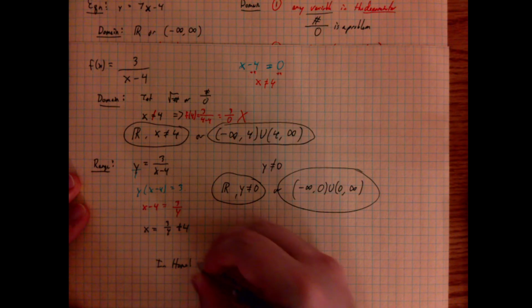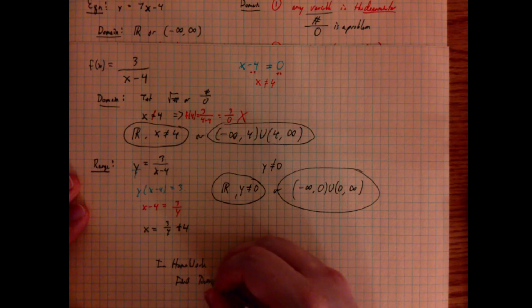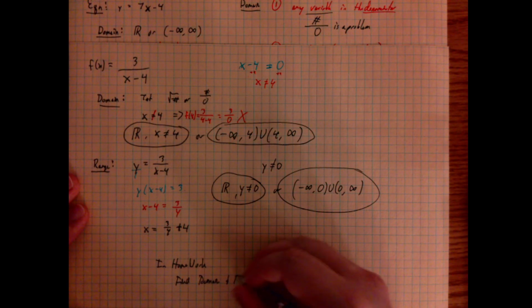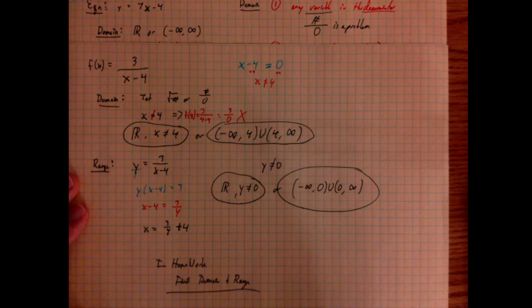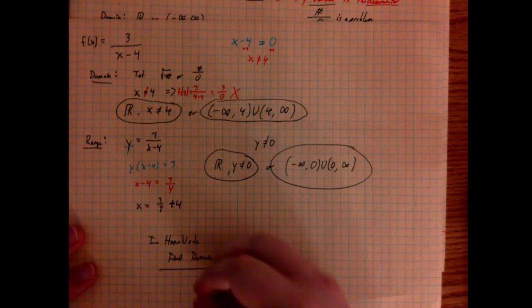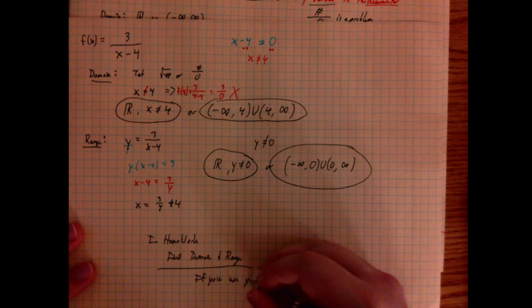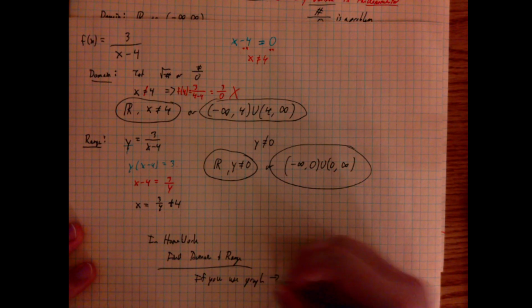I ask you in your homework problems, find domain and range. That's all the instructions are going to say. Now, how you find it is entirely on you. If you use the graph, I want you to include the graph in your homework.